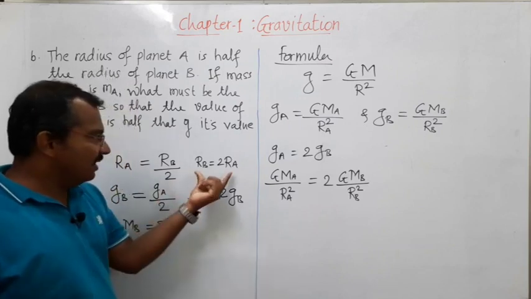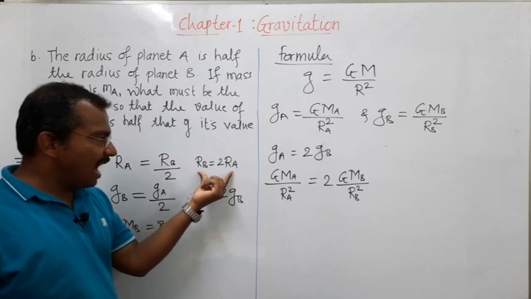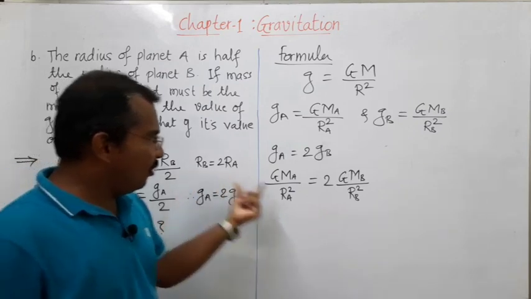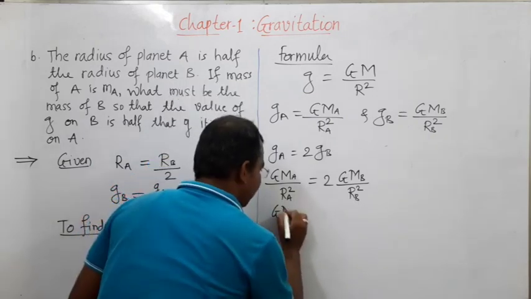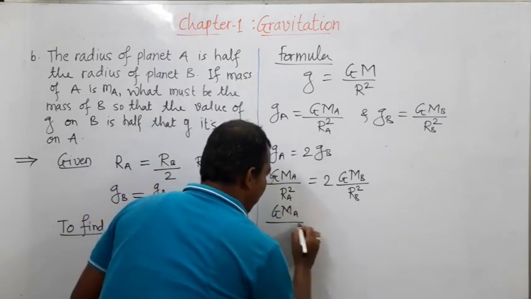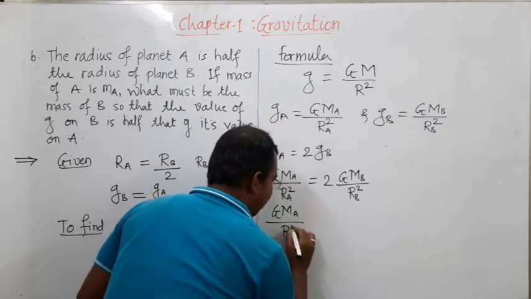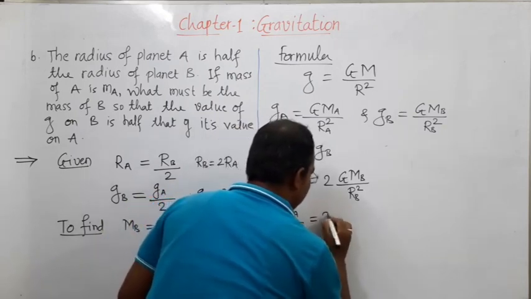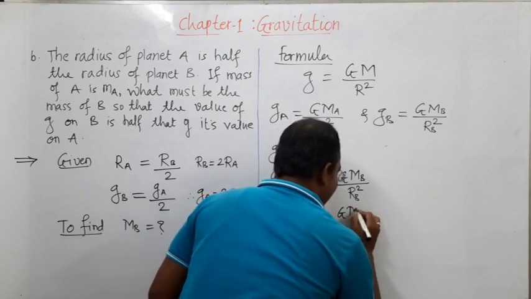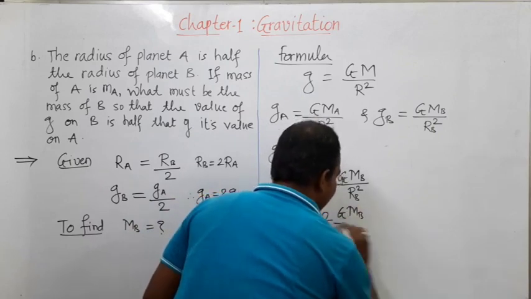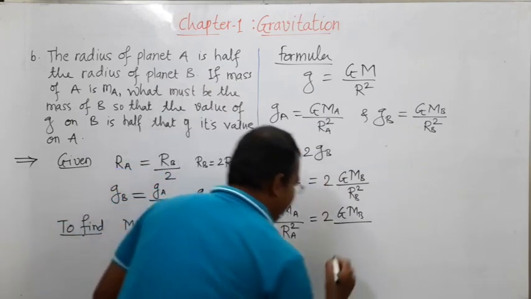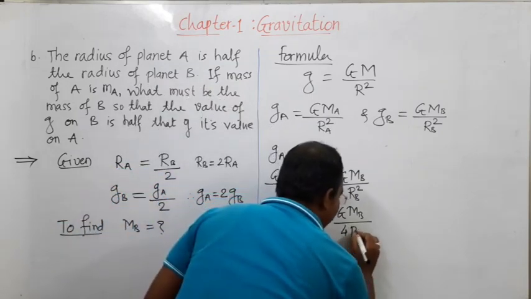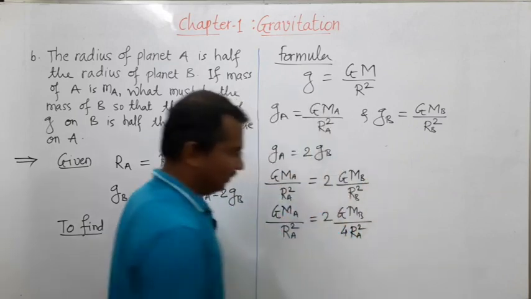So if it is RB is equal to 2 times RA, we have to put this value here, 2 times RA. G times MA upon RA square is equal to 2 times G MB upon RB square. RB is equal to 2RA and its square, therefore it will be 4 times RA square.